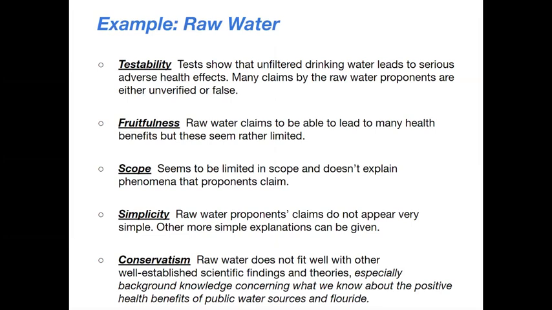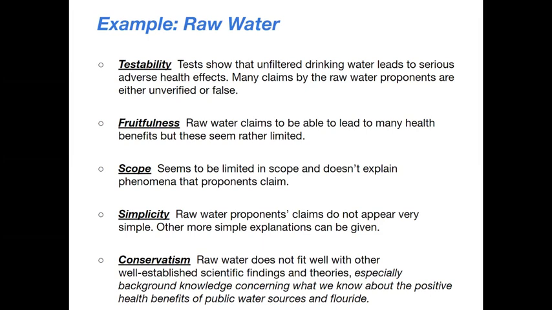Scope seems to be limited and doesn't explain phenomena that proponents claim, like fluoride being a mind control substance. Simplicity, raw water proponents' claims do not appear very simple. Other more simple explanations can be given. And raw water does not fit well with other well-established scientific findings and theories, especially background knowledge concerning what we know about the positive health benefits of public water sources and fluoride in particular.